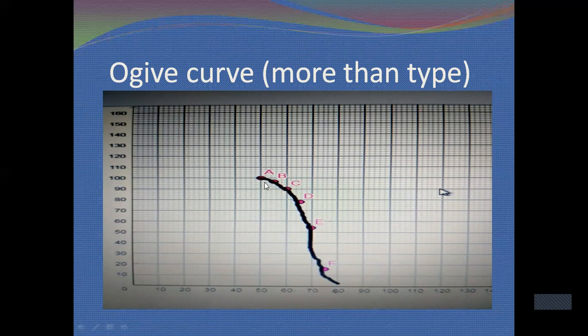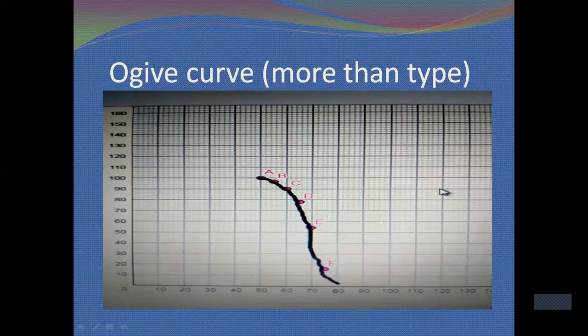After marking all the points, you have to join all these points with freehand. You will get the S-shaped curve in the reverse order. When you take the S-shaped curve in the less than cumulative frequency table, you will get the curve from the lower point to the higher point. But when it is more than type, you will get it from the top point to the lower point. This is the more than type cumulative frequency curve.